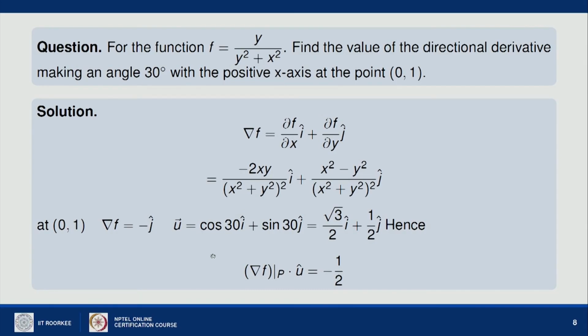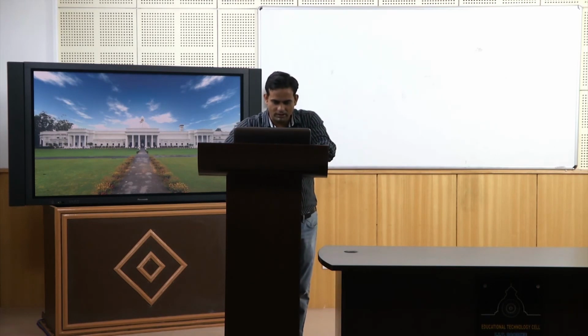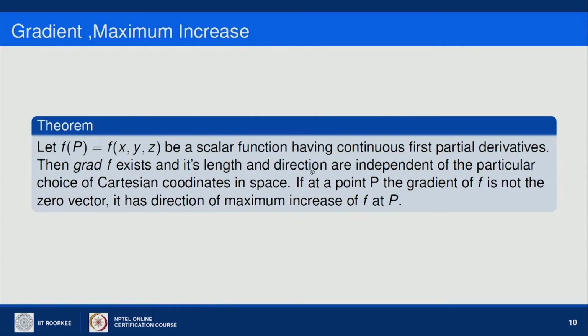Now, the vector, because it is making an angle 30 degrees with the x-axis, has x component cos 30 degrees and y component sin pi by 6. So, this comes out to be root 3 by 2 i plus 1 by 2 j, and hence the directional derivative is minus 1 by 2.